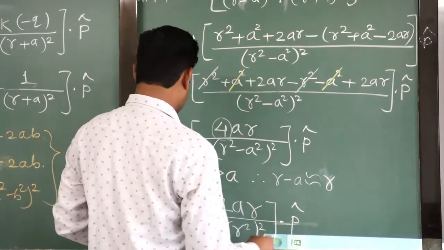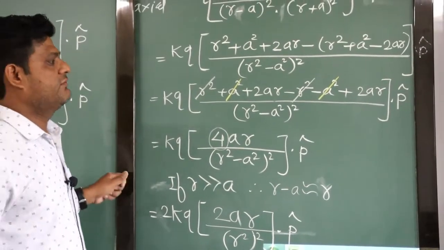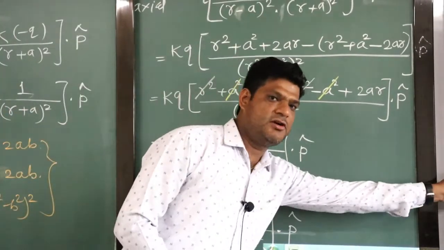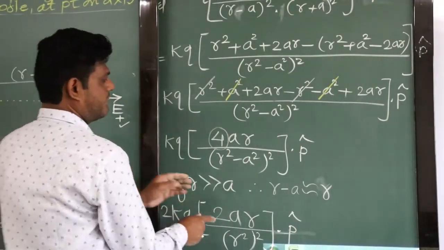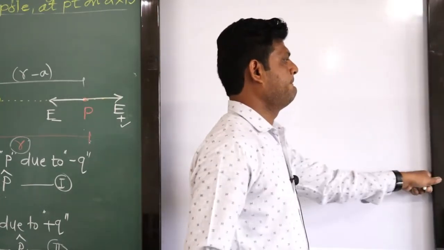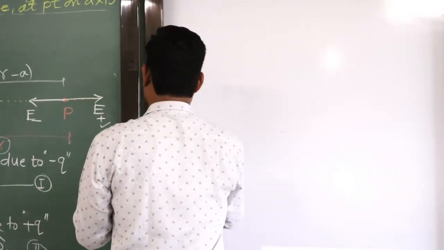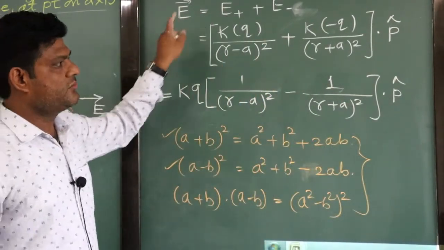Next what we can do, so dear students, I have to erase the board. For that purpose you just take the screenshot. First of all, this is board number 1, board number 2, board number 3.